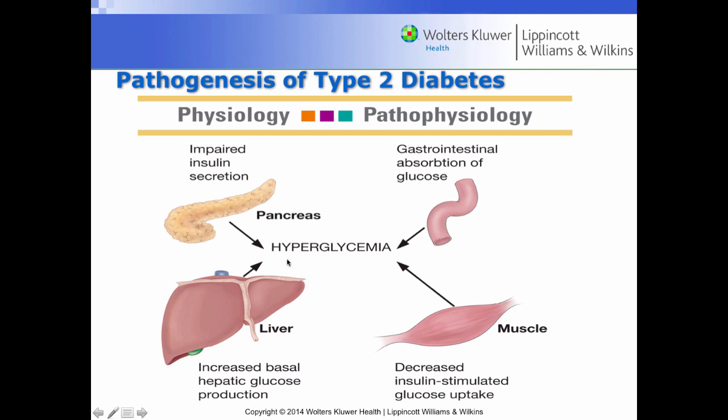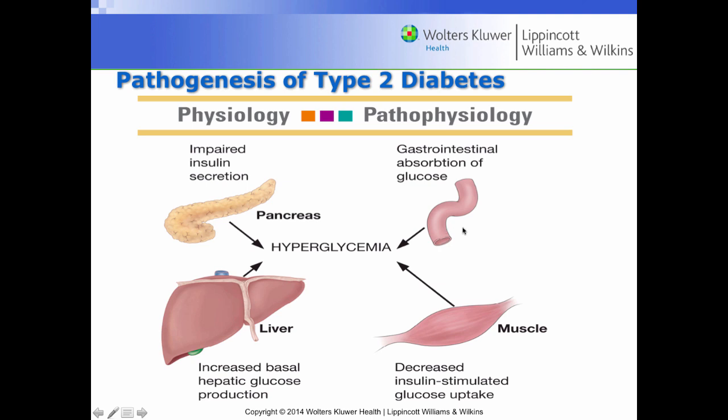Now, the nature of the hyperglycemia is a little bit complex. Okay? It might be a little more complex than you might think. So this person, this is an example of type 2 diabetes, this person has insulin resistance. Okay? So you look at this muscle, and the skeletal muscle has a decrease in insulin-stimulated glucose uptake.